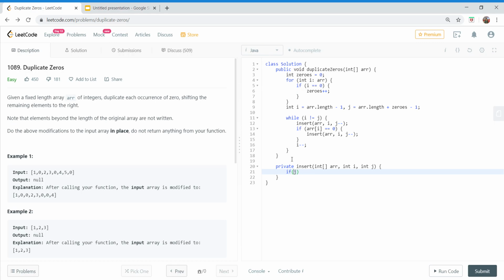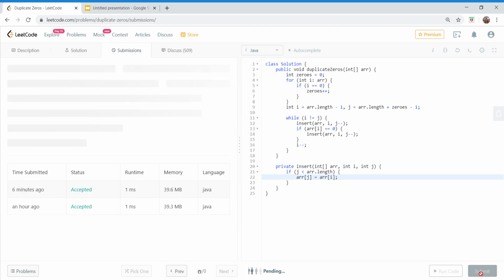That would be checked by checking if j is out of bound or not. If j is less than array length, then it means it is possible. We'll put the ith element at the jth index. I think we are done on the coding side. Let's try running this solution.